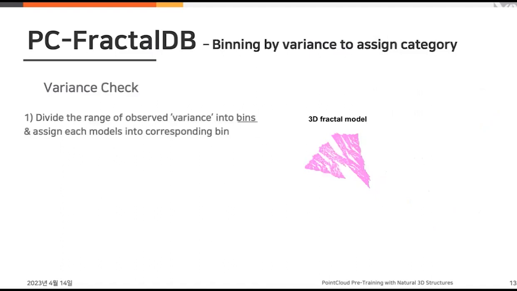So now that we made this one 3D fractal model, we have to annotate it. We need to assign it a category. So to do that, they first divide the range of variances observed in the dataset into a fixed number of bins. They then assign each fractal model to a bin that corresponds to its variance.